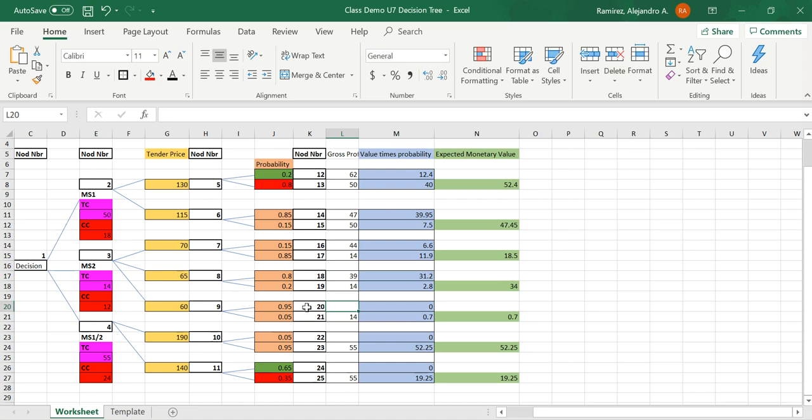And then we have equals 60 minus 14 minus 12. Okay, good job.